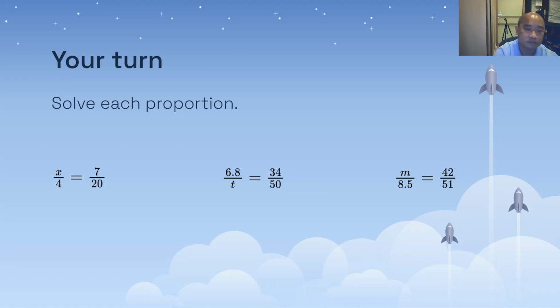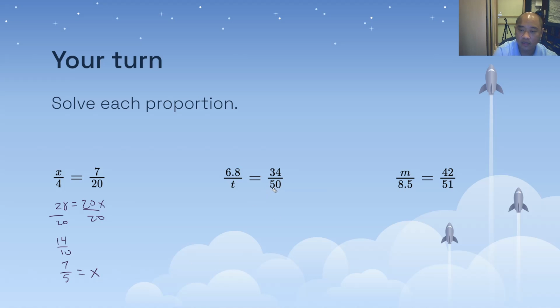Your turn. All right, here we go. The first one is going to be 28 equals 20x. Divide both sides by 20, and you get 14 over 10, which is 7 over 5. 7 over 5.